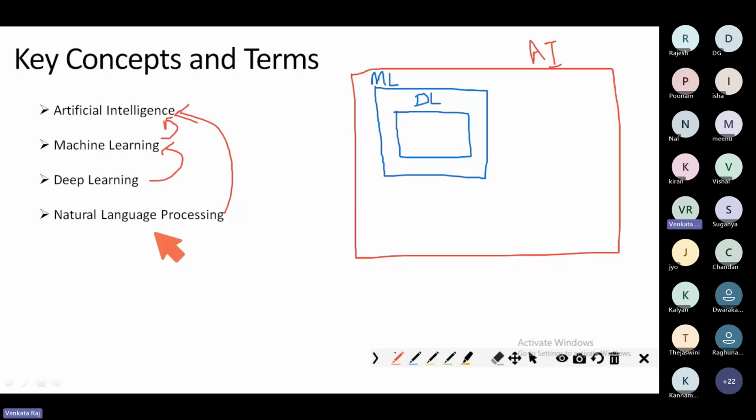So it will take the input of our human language, process it, and convert it into numbers, which the computer will understand. And then once the computer processes that, it provides the output. That output will be in the form of numbers again. Clear, all of you? So then NLP will again convert those numbers into human language.